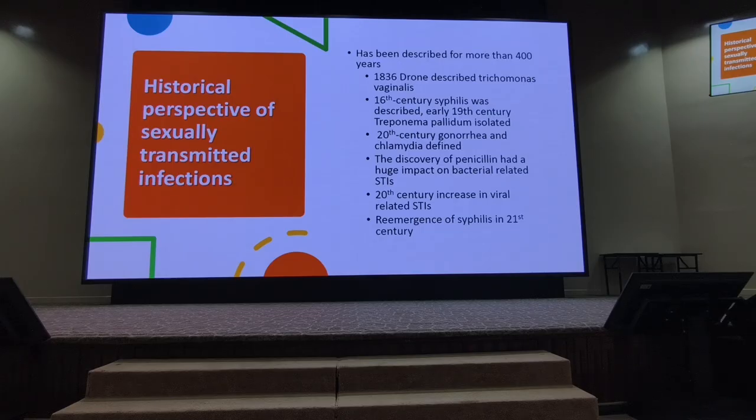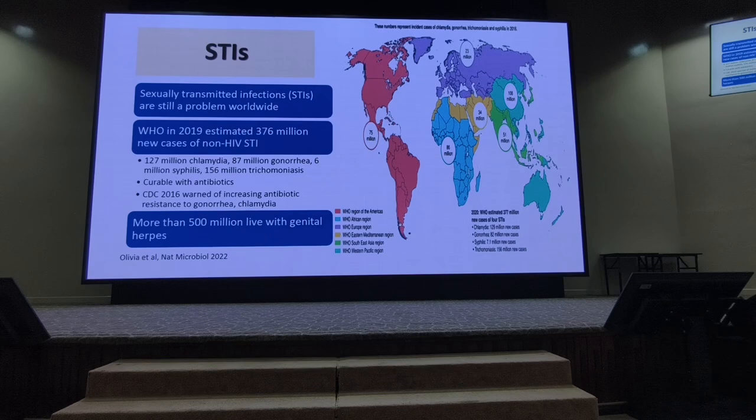If you call it sexually transmitted disease, there is a different connotation to it. Most of these STIs are bacterial, but because of antibiotics they are much lower in prevalence. Nowadays, in the 21st century, viral STIs have increased.